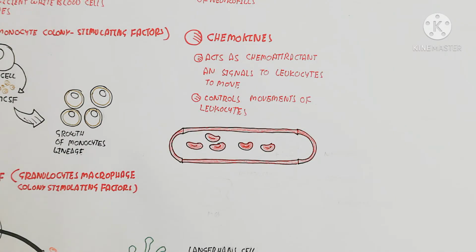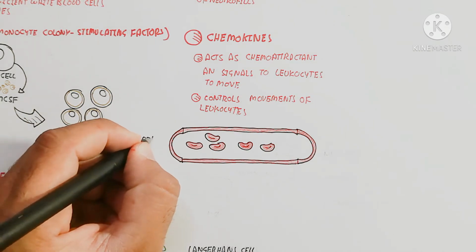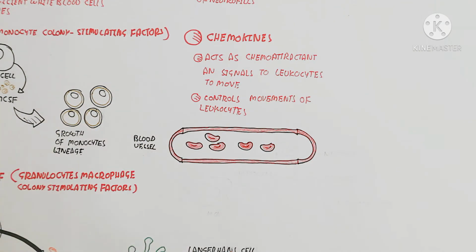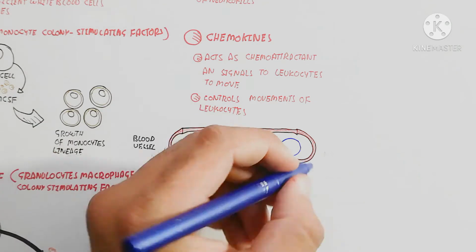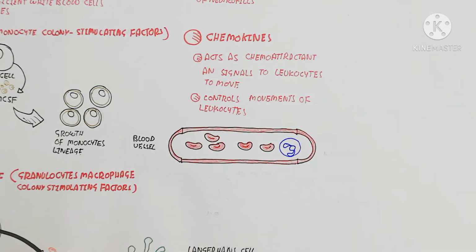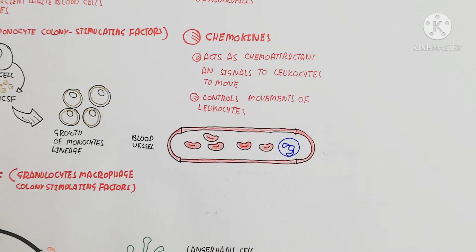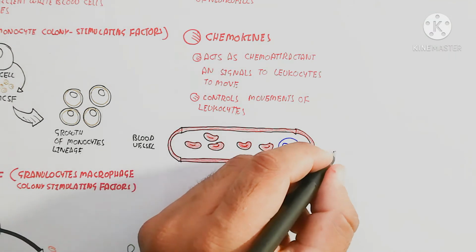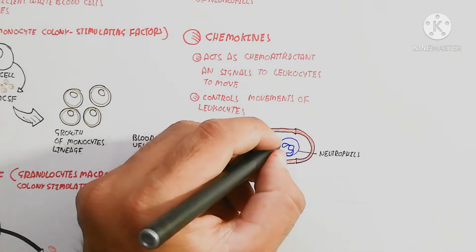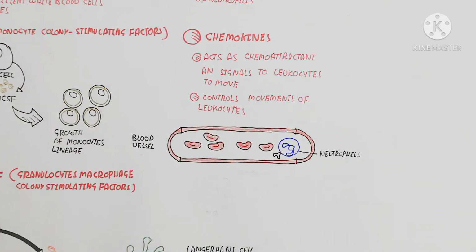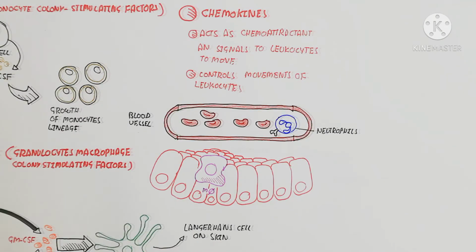Here is a blood vessel which contains many leukocytes. For example, we take a neutrophil. This neutrophil is moving in the blood, but when there is an infection site in the tissue, it is recognized by the macrophage, and monocytes will convert into macrophages, and this macrophage engulfs that pathogen and produces chemokines.